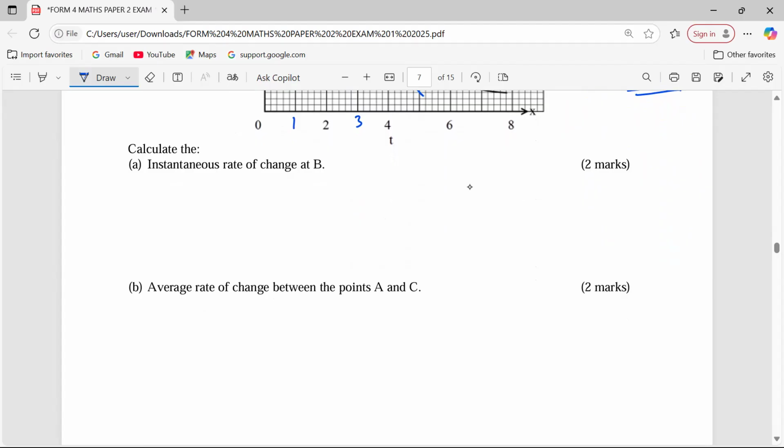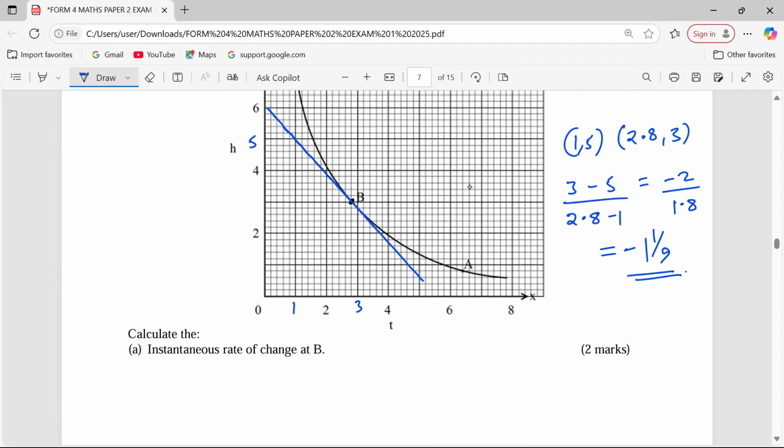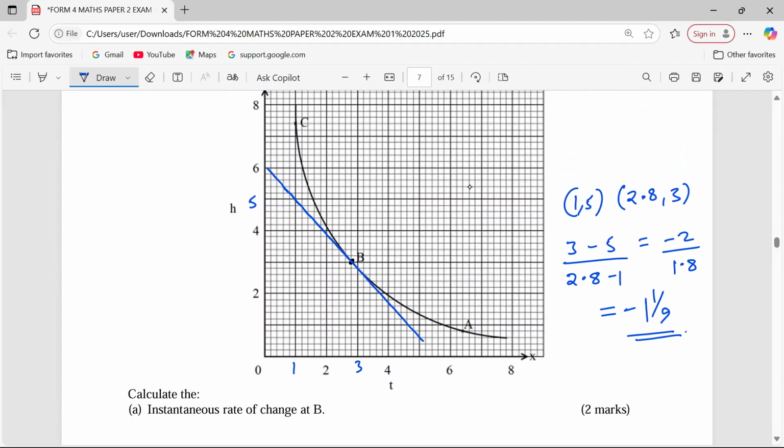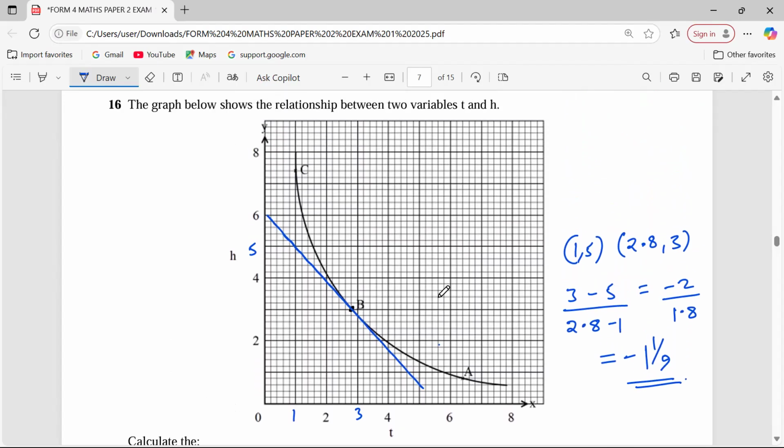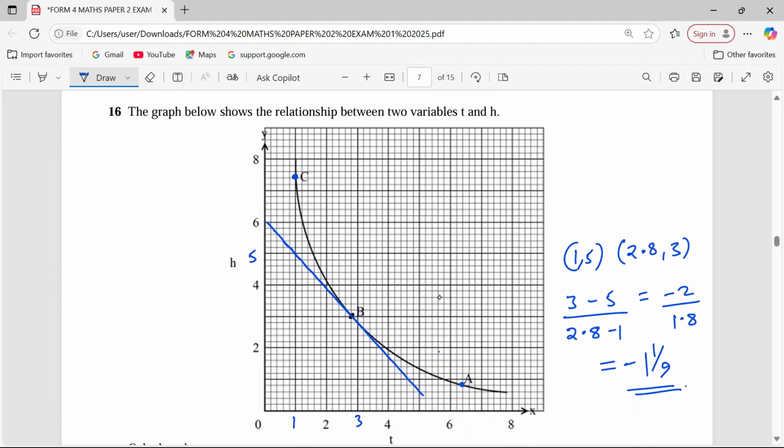Then look at part B now. Average rate of change between A and C. So between A and C, those who cannot see the graph very well, it's good for you to know that there is a point C, which has been indicated here, and there is a point A, which has been indicated there. So let us look at the relationship at that point.